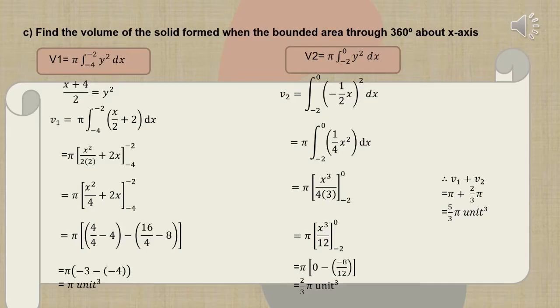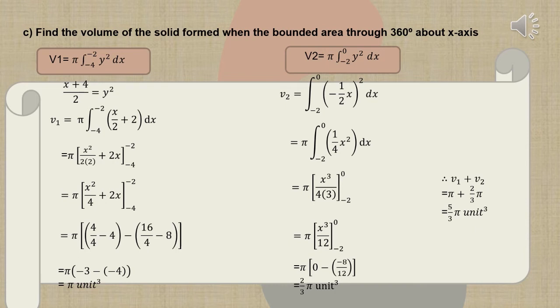For the last question, find the volume of the solid formed when the bounded area is rotated through 360 degrees about the x-axis. So we have volume 1 and volume 2 from figure 1, which is the graph given. To find volume 1, we use the integration method, and we will get pi unit 3. Same goes for volume 2.